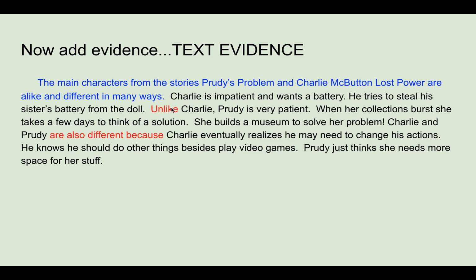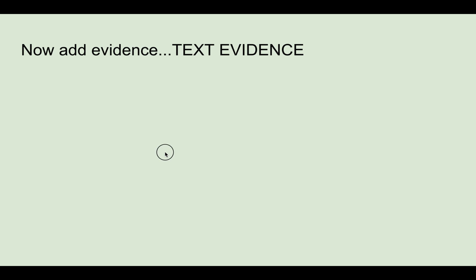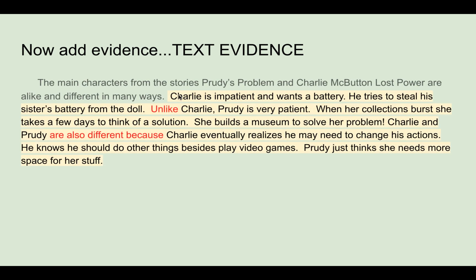Then I also have some transition words like unlike and are also different because, this is me using those words to compare and contrast, all right? I'm telling how they are different. Here are all my details, my text evidence. So notice it's much more than one sentence. I added quite a bit in here.